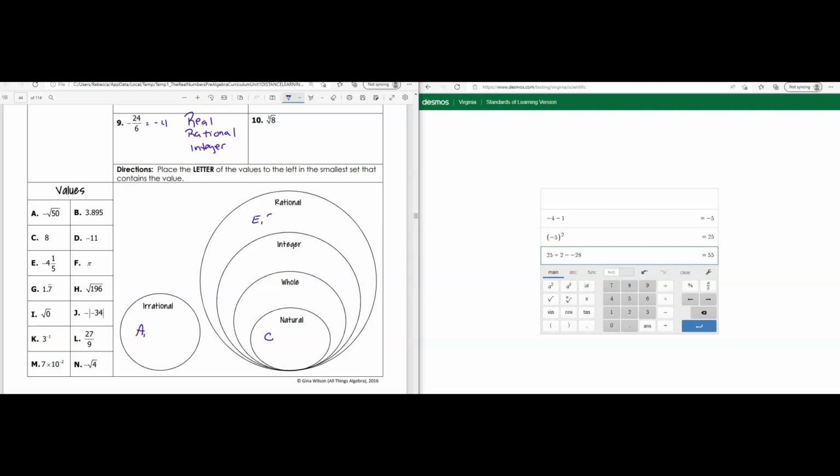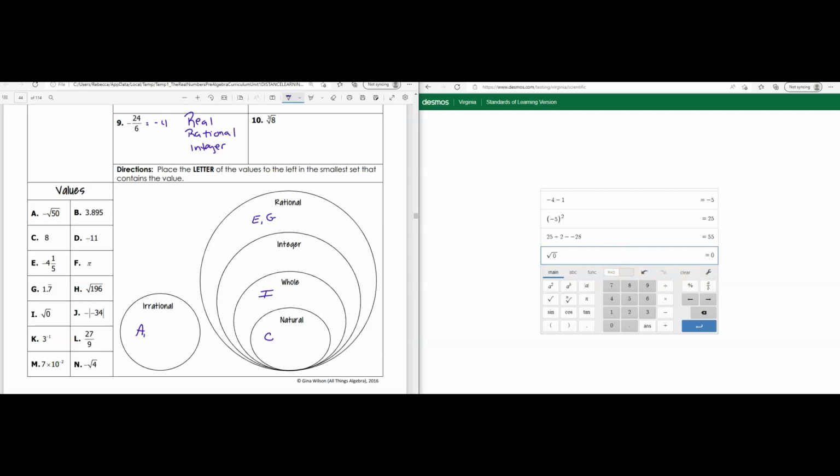So that would go with a rational number. The square root of 0. What happens if you take the square root of 0? You get 0. So 0 is a rational number. It is an integer. It's also a whole number, but it's not natural. So whole number is the smallest group it can belong to.